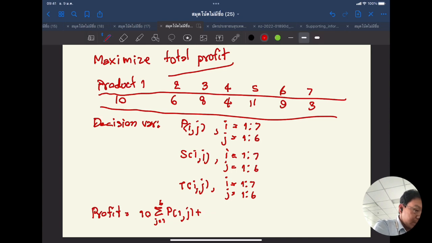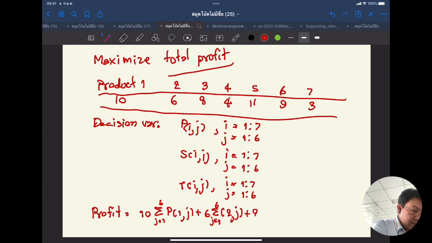Product 2. Product 2 contributes to profit about 6. So J from 1 to 6 again, and the 1 becomes 2 now, 2J, right?